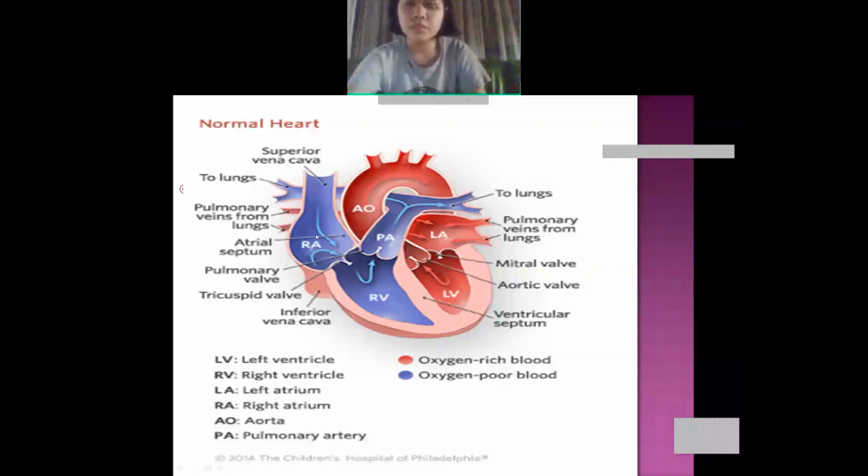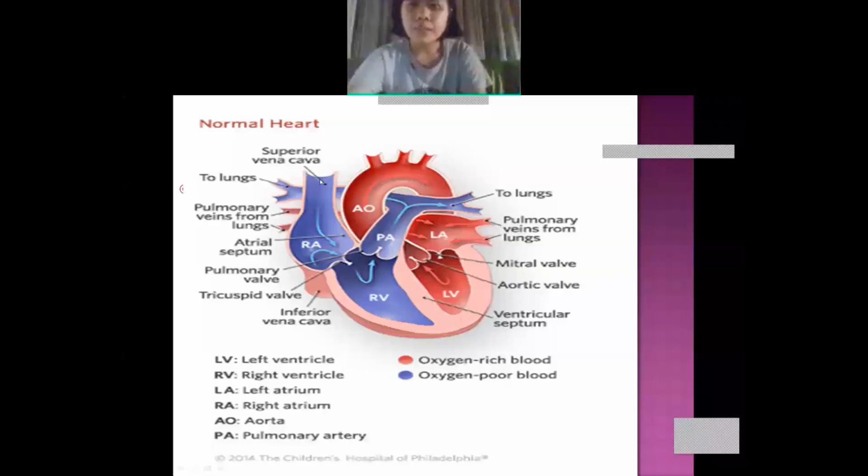Right atrium, right ventricle, left atrium, and left ventricle. These are the four chambers of the heart. And again you will find that there is a valve. This one I'll explain to you when I start explaining the circulatory system of the heart.